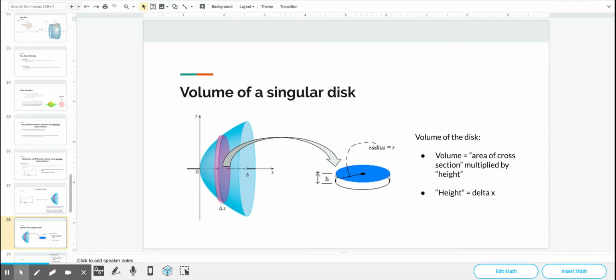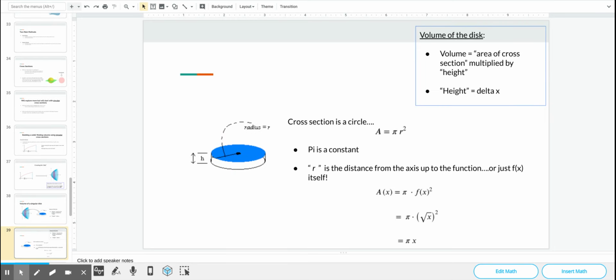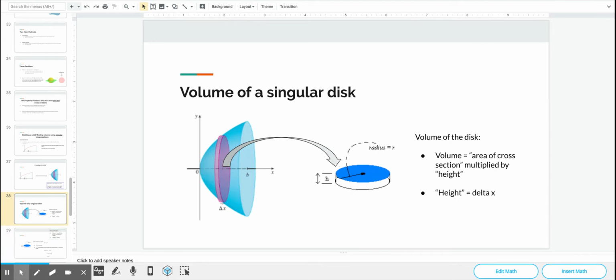And now imagine taking an infinite number of those cross sections. Sorry, I'm going to go back to this slide just so we don't get too jumbled up here. I want you to take this slice, and then move just a little bit further on the x-axis and take another slice and make another disc, and then move a little bit further on the x-axis, take another slice and make another disc.